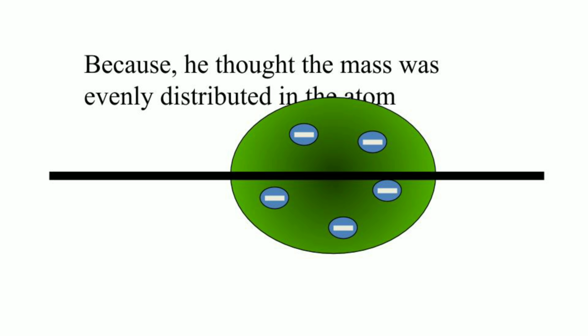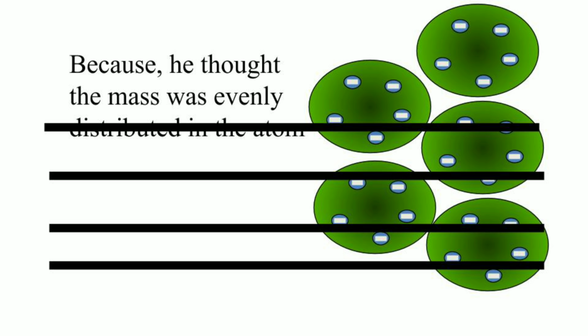Because Rutherford thought that Thomson's model was correct and that there were no distinct positive particles, he believed that the positive alpha particle would simply go through the diffuse, cloud-like positive region of the atom.